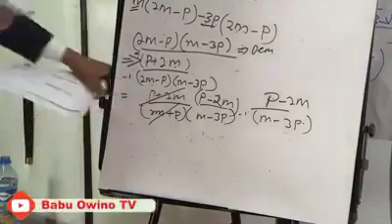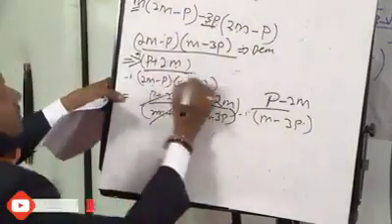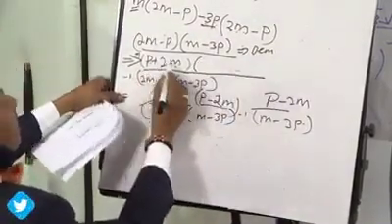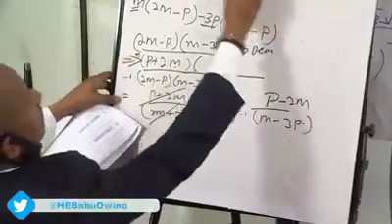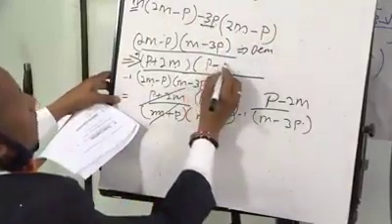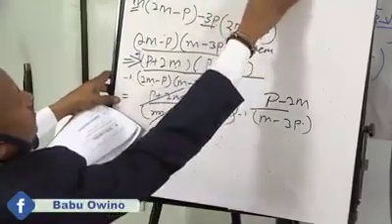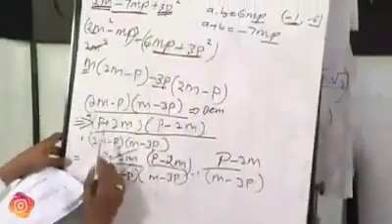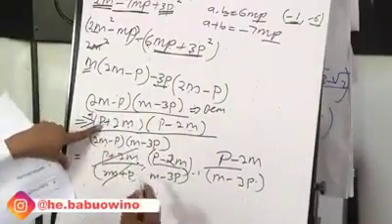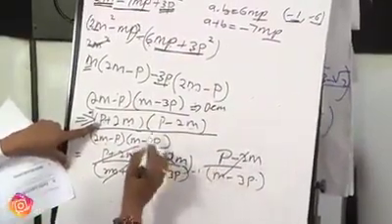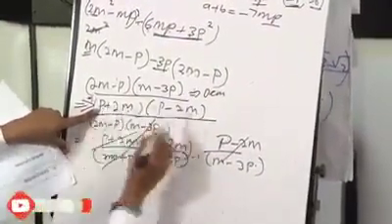I only took one part, sorry for that. So we take both of them, that is p plus 2m and p minus 2m. Forget about this and start from here.